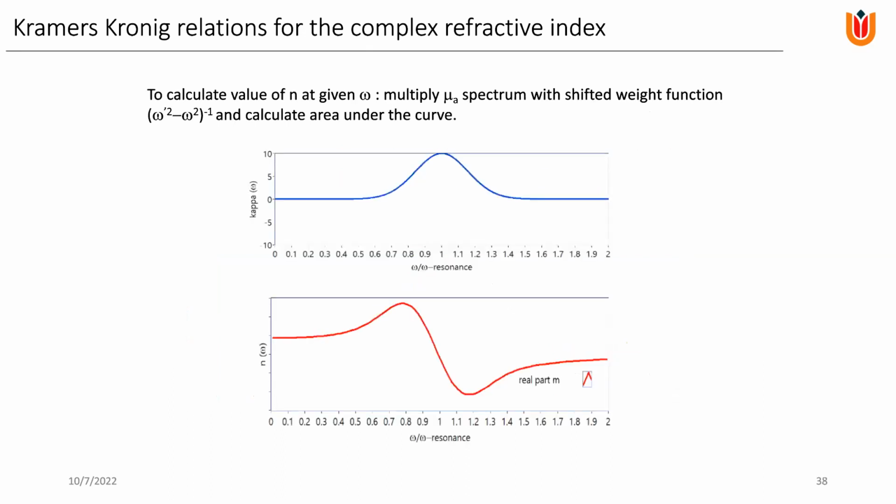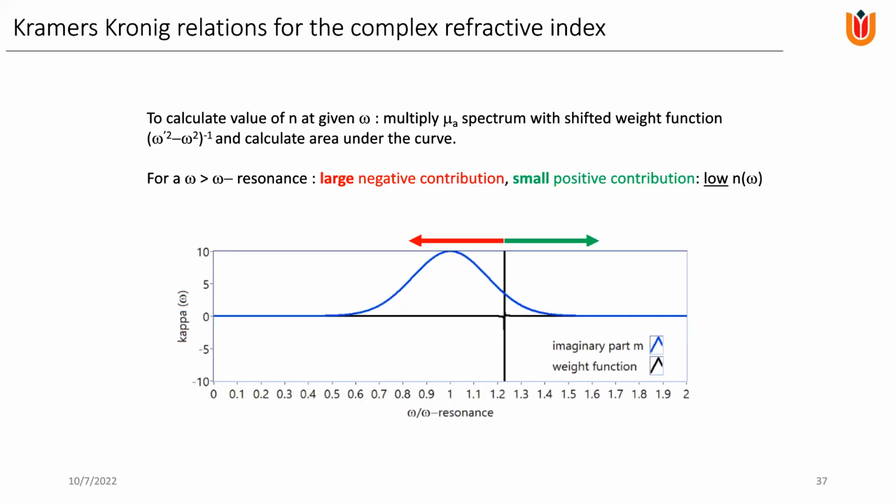And of course, if it is in the middle, the negative contributions are the same as the positive ones, so it goes to 0. So here we get higher values of the refractive index, here we get lower values, and here we get essentially 0.